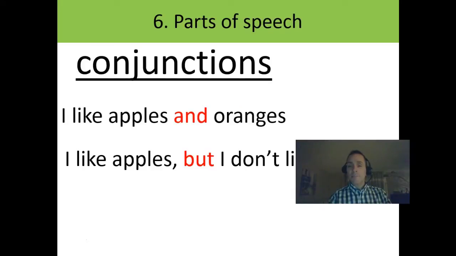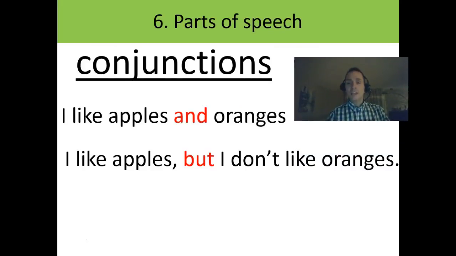Now, in this example, we are saying, I like apples, but I don't like oranges. Now, in this example, we have two sentences. We have, I like apples, I don't like oranges, and we are connecting them with a conjunction. When we are connecting sentences, we will often, but not always, use a comma.